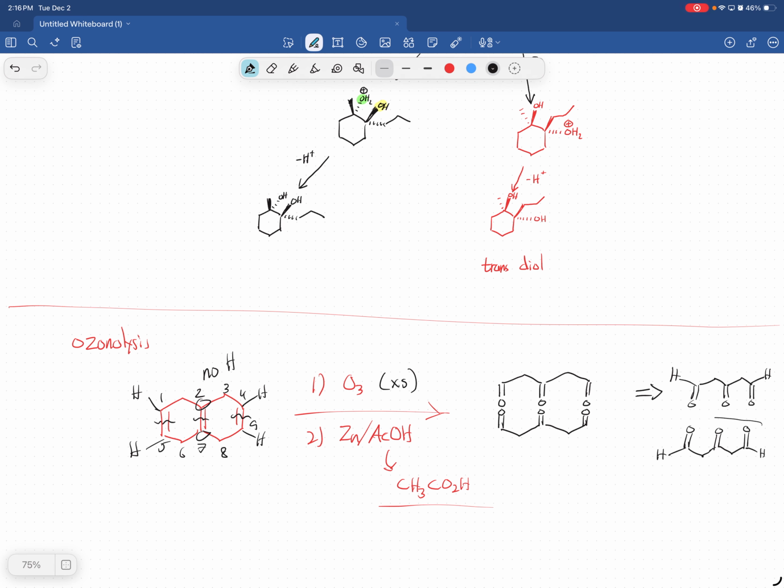How many carbon atoms are in each of these molecules right here? Well, actually, did I have 9? Maybe I don't. Am I missing something? Oh, it's 5, right? No, there's 10. You miscounted one. Where? Between 1 and 2. Oh, sorry. My bad.